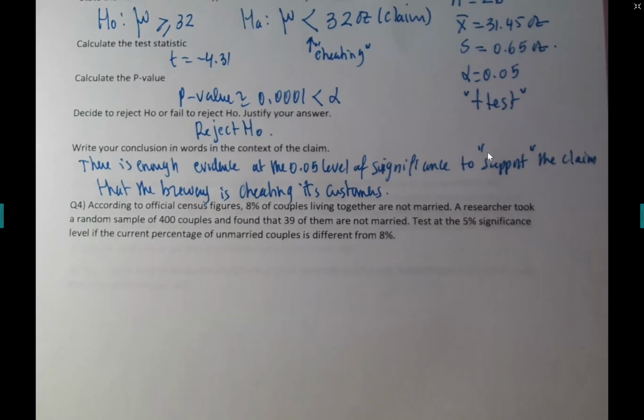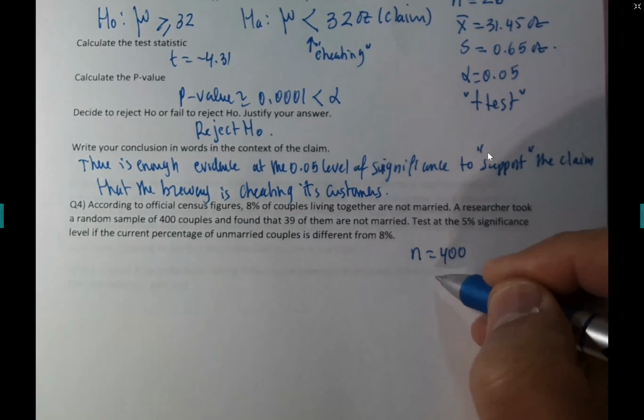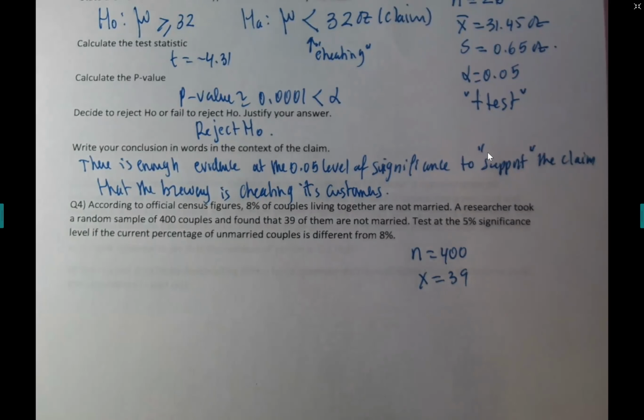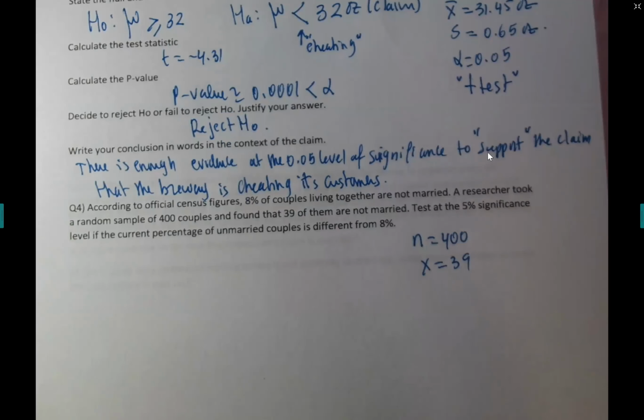Number 4. According to official census figures, 80% of couples living together are not married. A researcher took a random sample of 400, so N is 400, and found that 39 of them are not married. Test at the 5% significance level if the current percentage of unmarried couples is different from 8%.